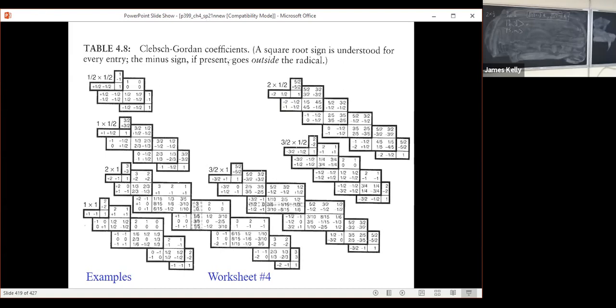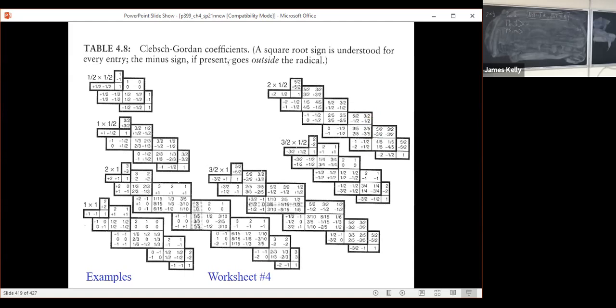So I look along the top for 3/2 minus 1/2, and it's going to be a linear combination of these two individual spin description states. The coefficients are root 2/5 and minus root 3/5.